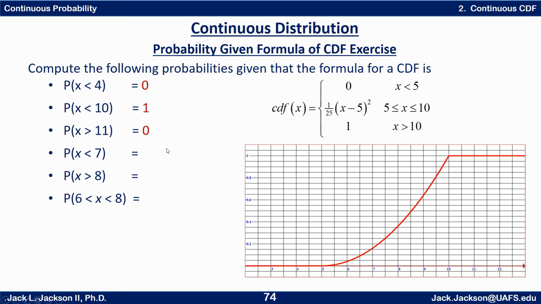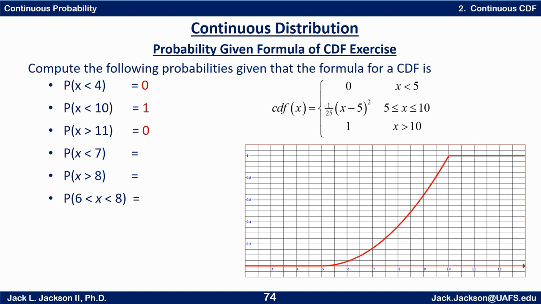The probability that x is greater than 10 or greater than 11, to the right here, is the distance this is from 1, which is 1 minus 1, which is 0. By the way, notice we didn't really have to pull out a calculator for those. They were pretty easy ones to look at for the extremes. But now what about some probabilities like the probability that x is less than 7?